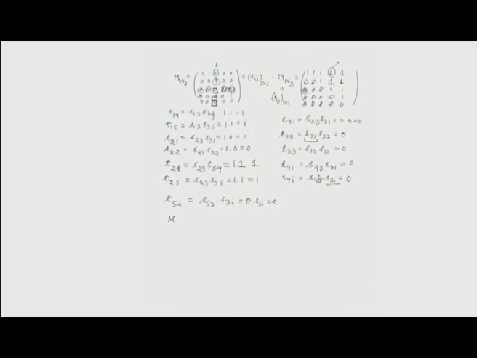Now, we can do this another 2 times and if you do that, you will find that MW4 is obtained in the same way as MW3, and same for MW5, all are equal to MW3.